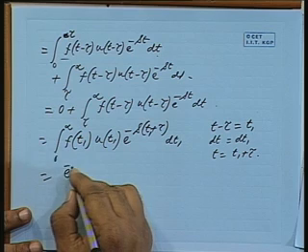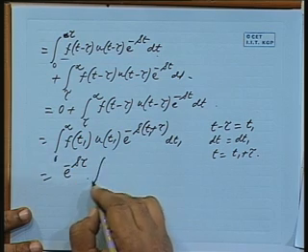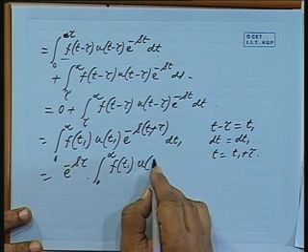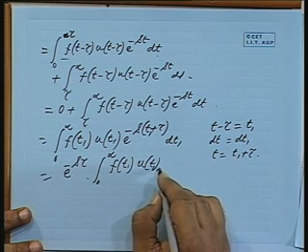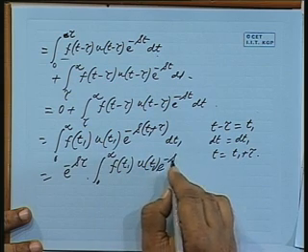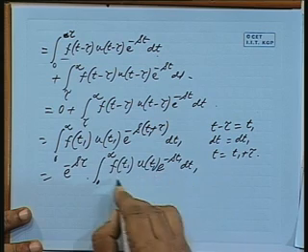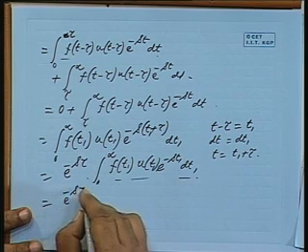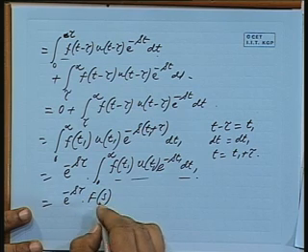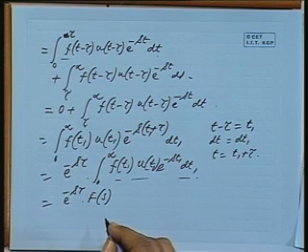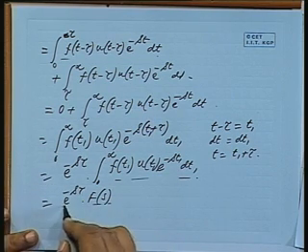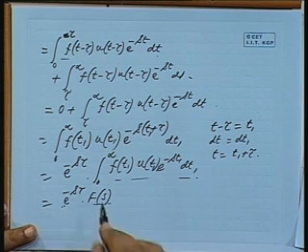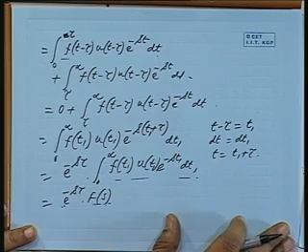So, the integral from 0 to infinity of f(t1) u(t1) e to the power minus s t1 dt1, and what is this? F of s. So, in terms of the original transform, the shifted function has a transform e to the power minus s tau into F(s). Okay.